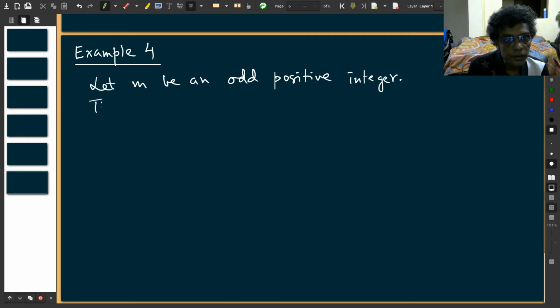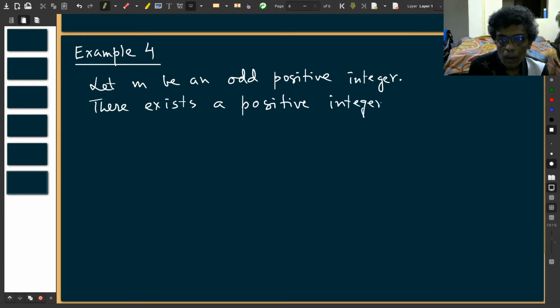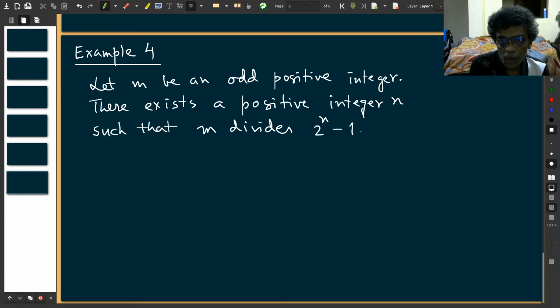Then there exists a positive integer n such that m divides 2 power n minus 1.